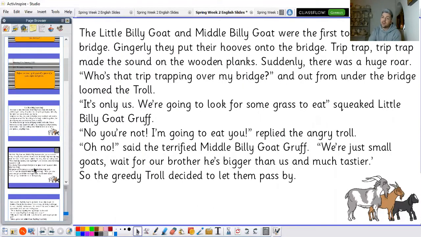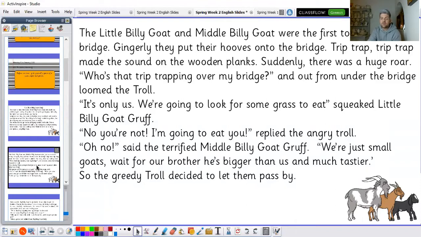The little billy goat and the middle billy goat were the first to reach the bridge. Gingerly, they put their hooves onto the bridge. Trip, trap, made the sound on the wooden planks. Suddenly, there was a huge roar. "Who's that trip-trapping over my bridge?" And out from under the bridge loomed the troll. "It's only us.